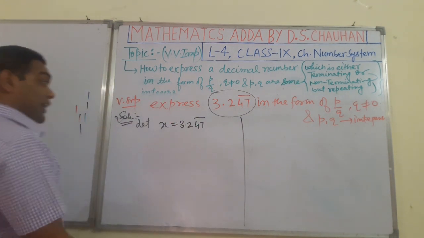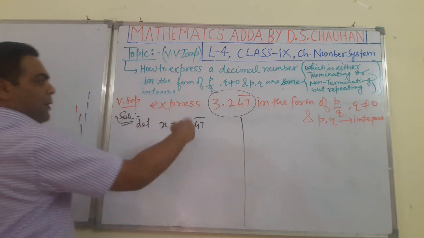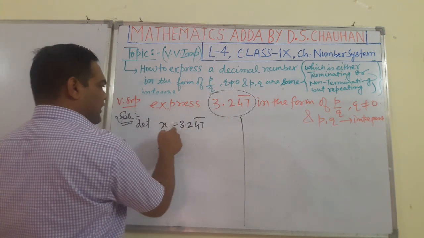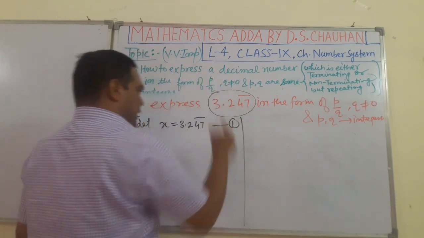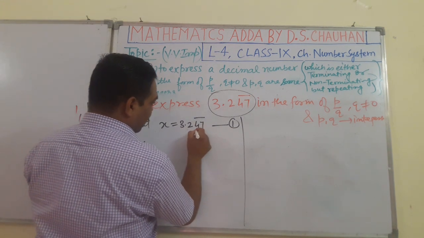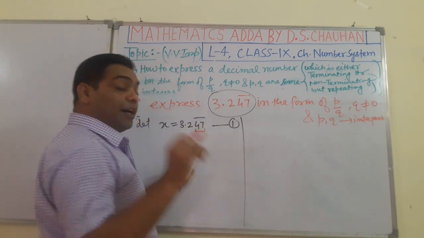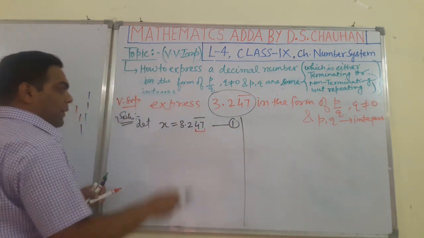Well students, in such cases, how do we convert it into the form of p by q? So let x equal to this, which is equation 1. Students, see here, again only the 2 digits 4 and 7 are repeating.